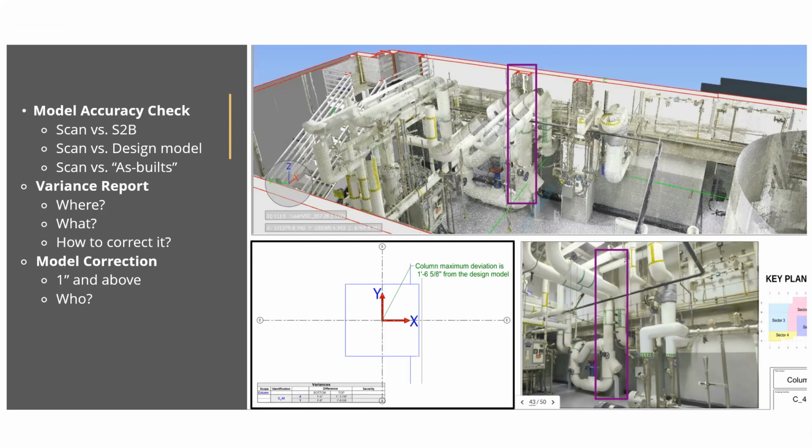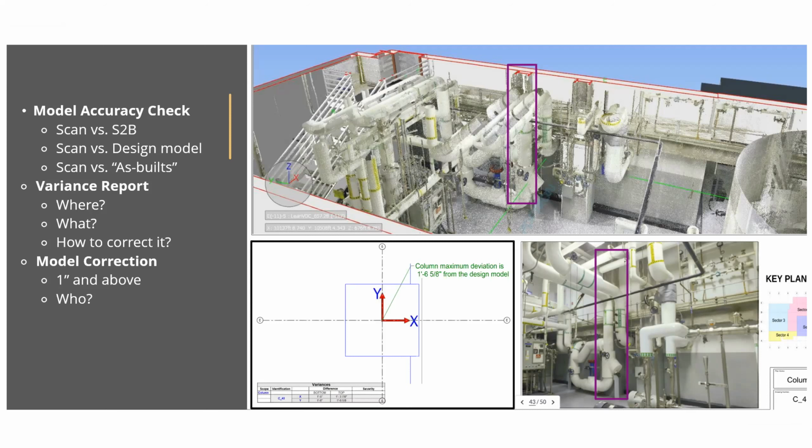And the plan view down at the bottom tells me where exactly this column is on the grid line and how much exactly and in what direction it deviates from the original design. It's very simple to read and easy to understand. With all this information, we could then make the decisions of whether we need to fix this or not.